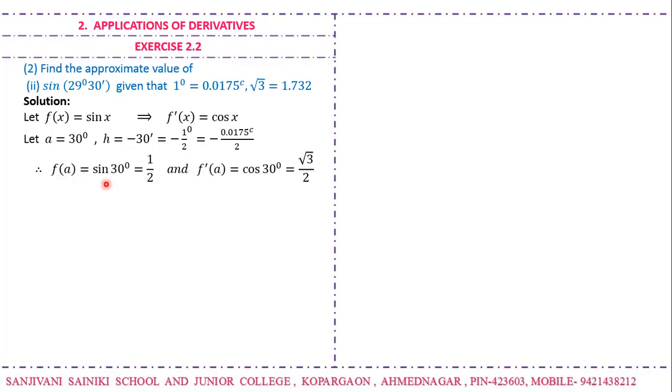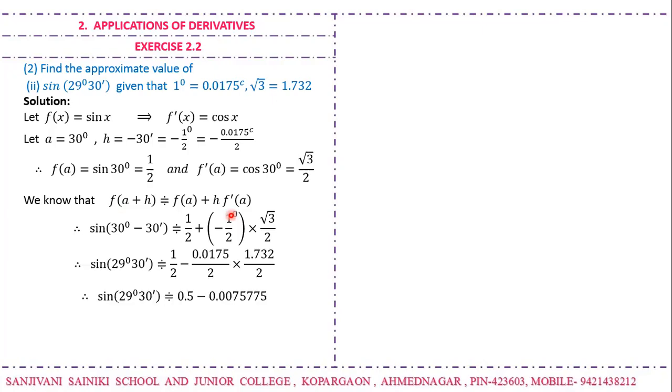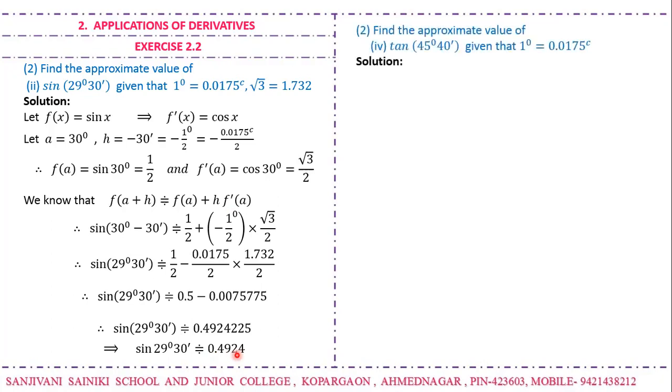So f of a is sine 30, which is half, and f dash at a, that is cos 30, is root 3 by 2. The formula to find the approximate value is f of a plus h is approximately equal to f of a plus h f dash at a. Using the given values and simplification, you will get the answer 0.4924.